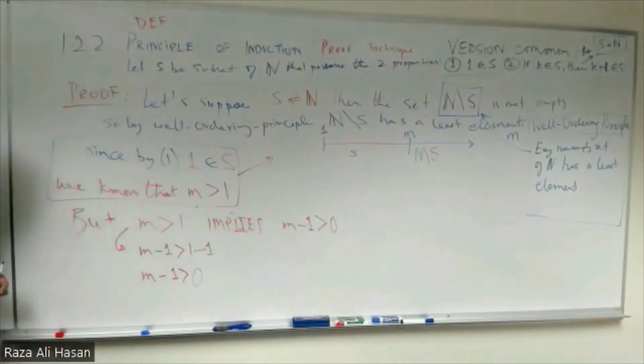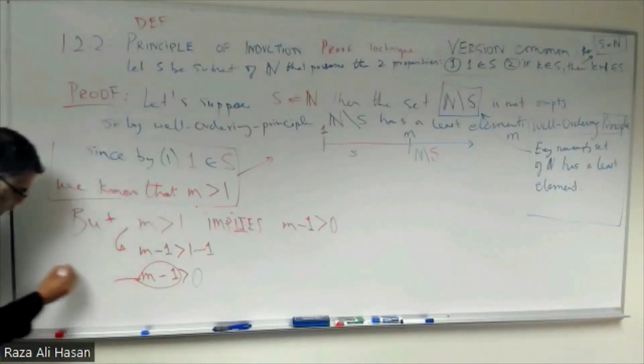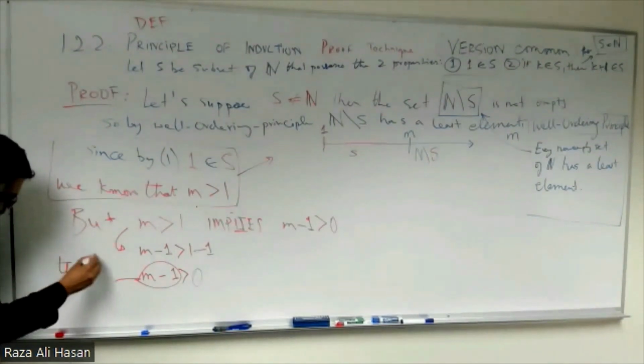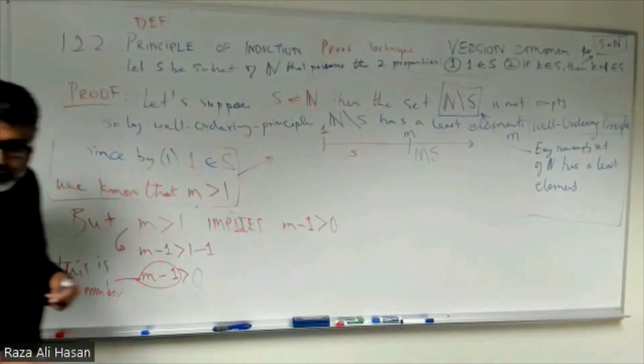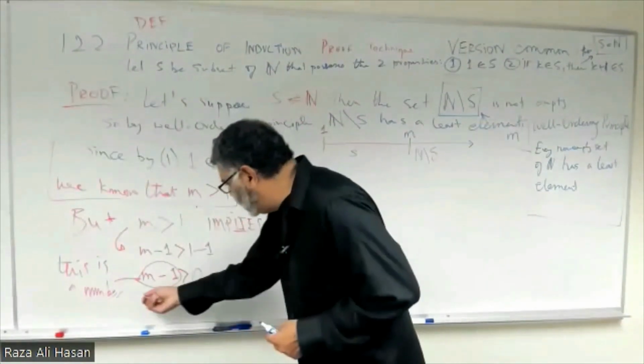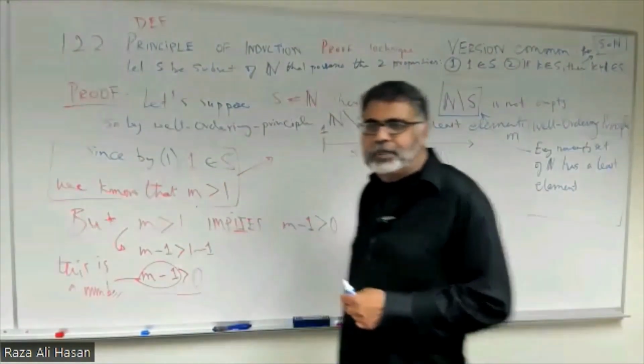And remember in math, what is this? This is a number. If this is a number, it's saying that this number is greater than 0, it's a positive number.